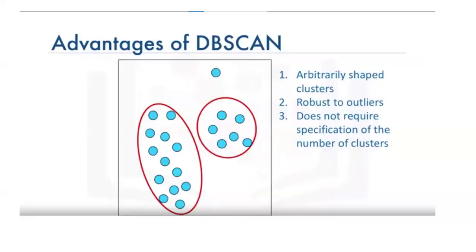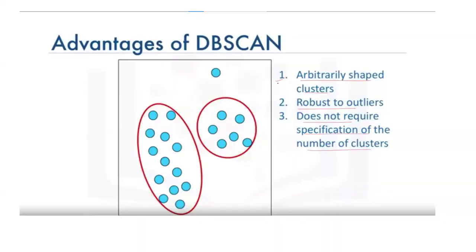So this is the whole process of DBSCAN. Now, these are the advantages, and DBSCAN is considered a state-of-the-art algorithm because of all these reasons: it can identify arbitrarily shaped clusters, it is robust to outliers, and it does not require any specification of the number of clusters.